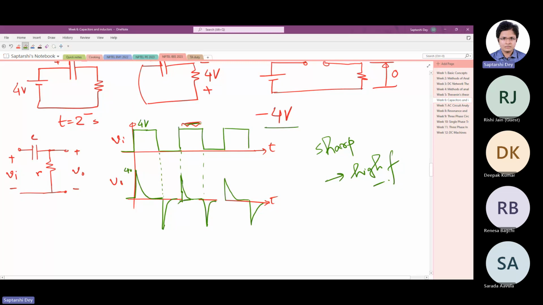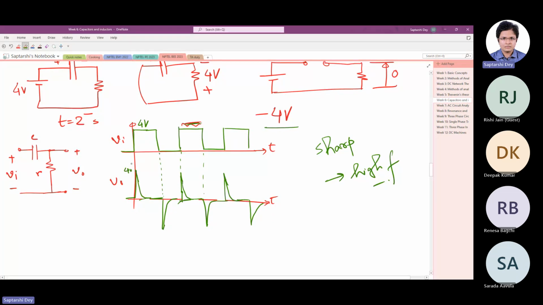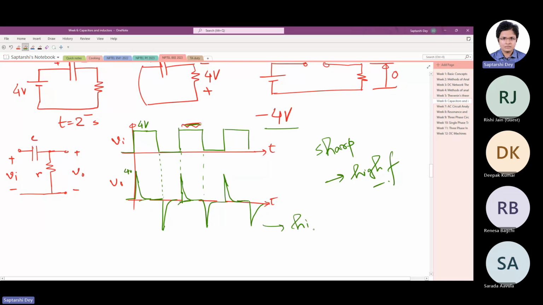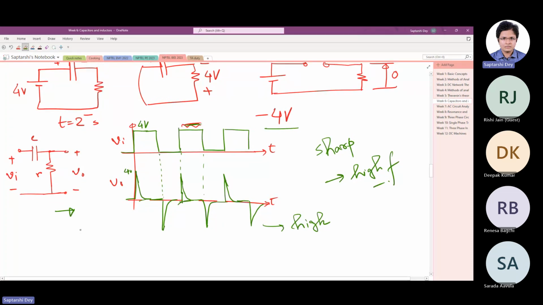So you are giving a flat top square wave like this, although the output that you are getting is like this, only some sharp spikes. Sharp spikes means what I said is high frequency. So although you give this circuit many frequencies, the output you get is only high frequencies.